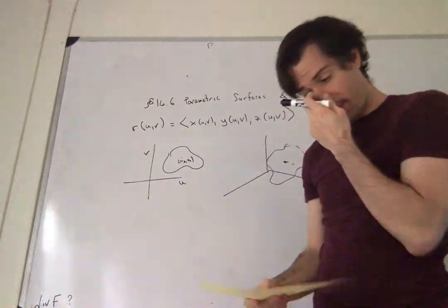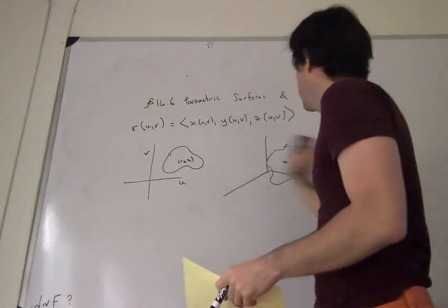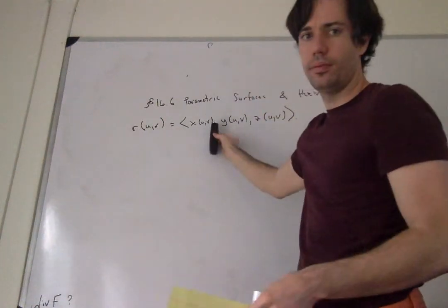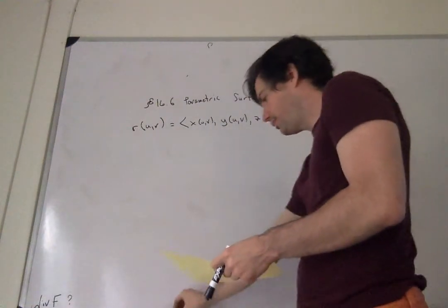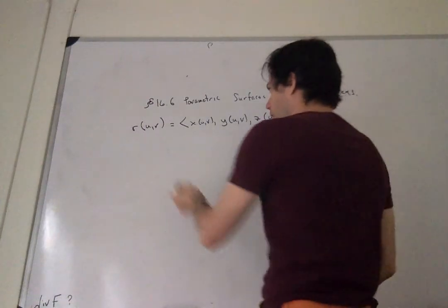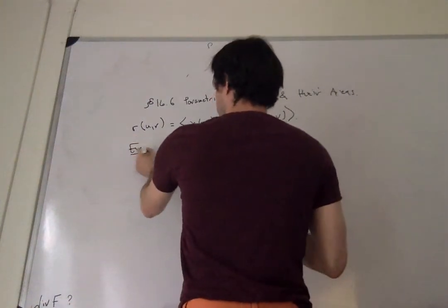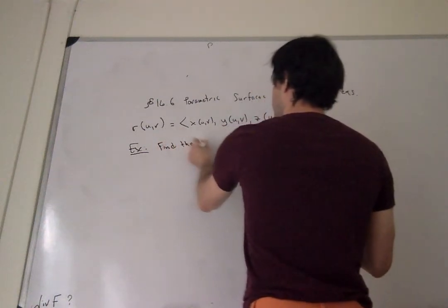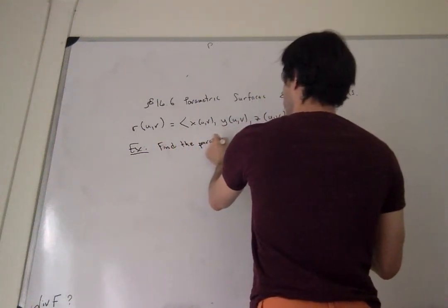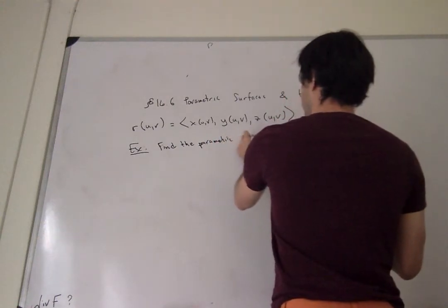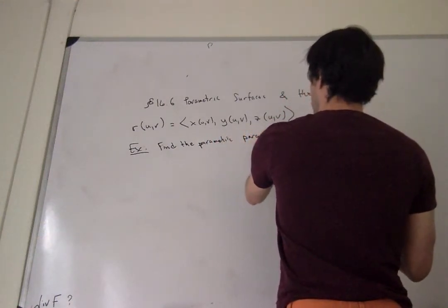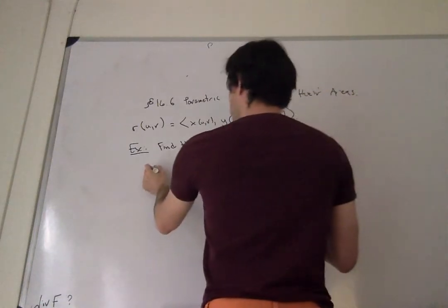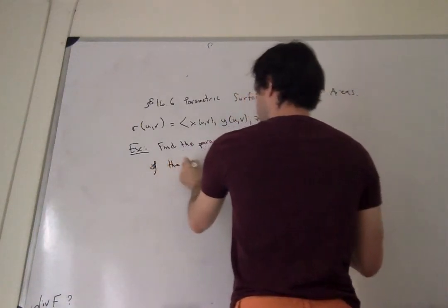So let's give some more examples that look more like this. Here's one from your textbook. We want to find the parameterization of the sphere.